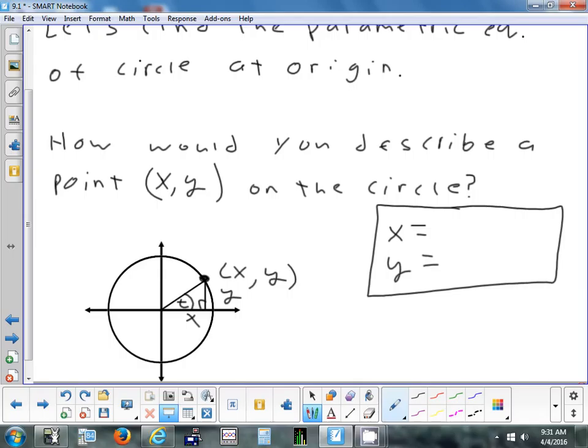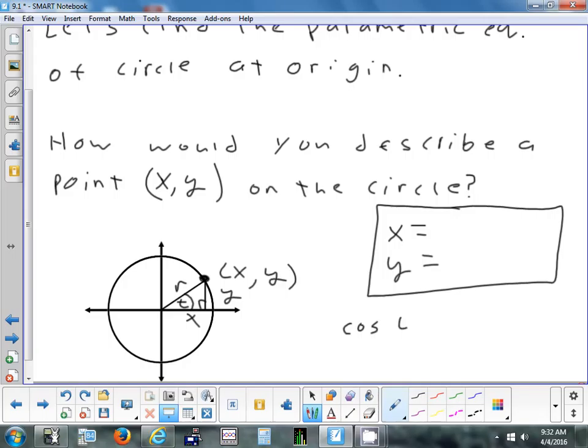Okay, what trig function would involve x, t, and my radius of this circle? We are going to use sine, but sine is opposite. What trig function has adjacent over hypotenuse? Cosine.